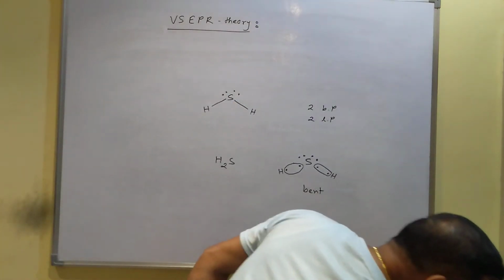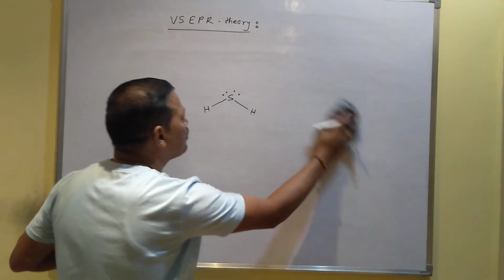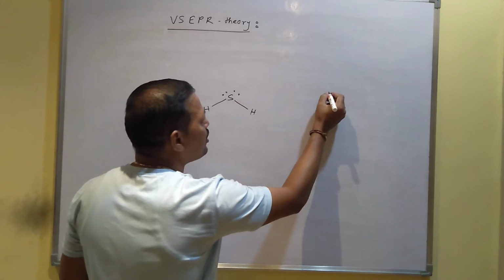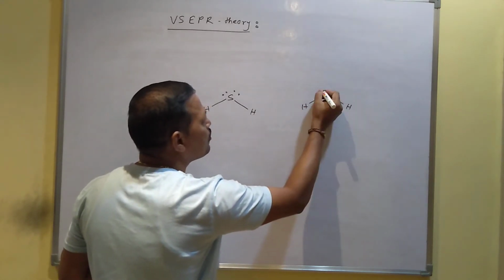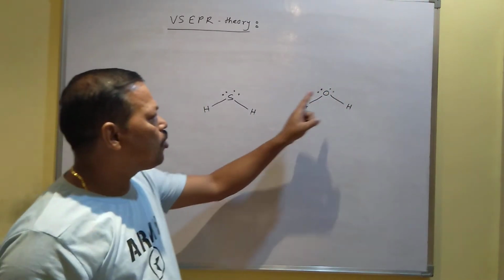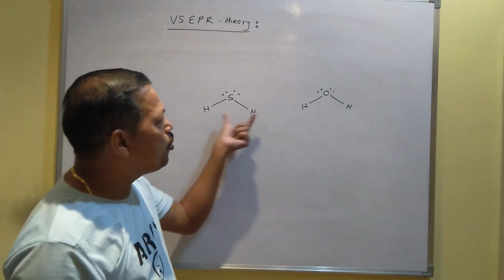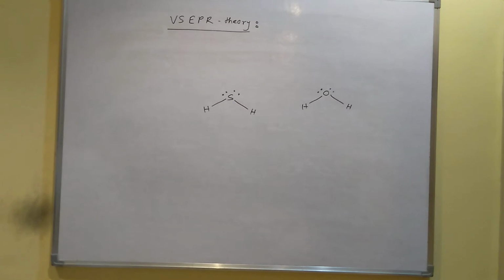Now about the angle. This is your H2S and this is your water, H2O. As you know, oxygen also carries 2 lone pairs and 2 bond pairs, that's why both have the bent shape.